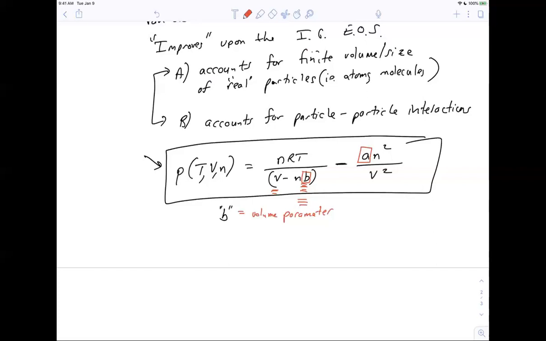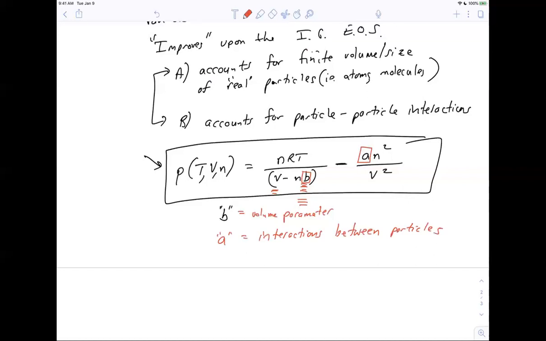A, the parameter A, accounts for interactions between particles. And it's a pair interaction, so it's between pairs of particles.